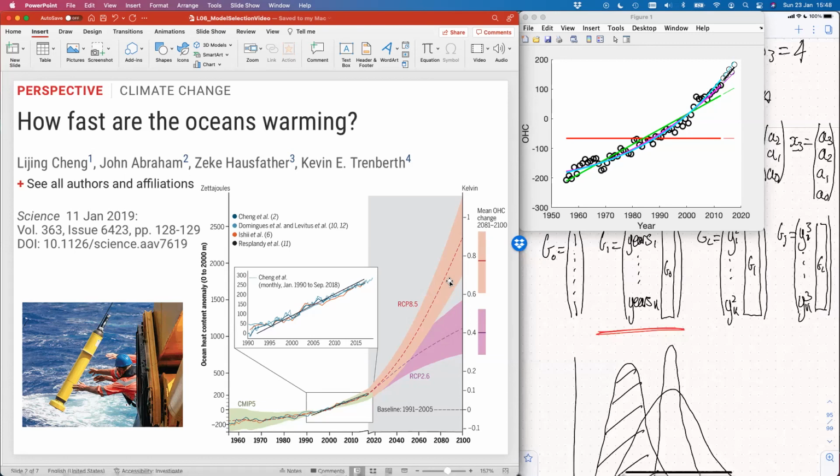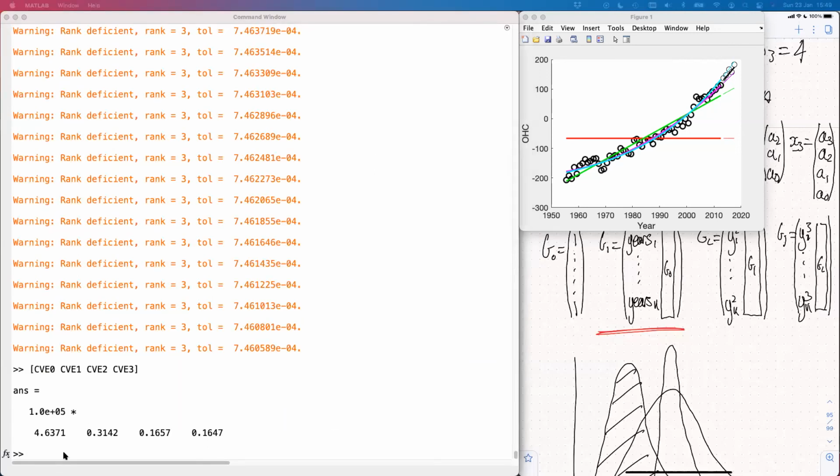But let's see what happens from the machinery that we've developed in this video if we take probably the best model that we've constructed, this consensus one using the Akaike weights, and see what that tells us about projections of the ocean heat content into the future, into the year 2100. So we can construct again a set of simple design matrices just for this one single future data point of the year 2100.